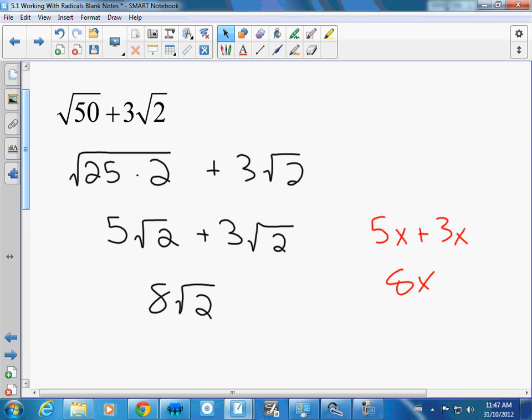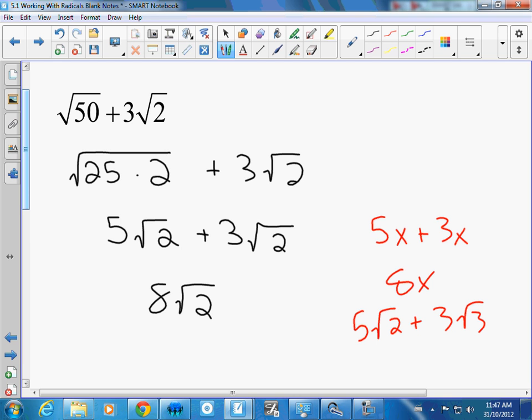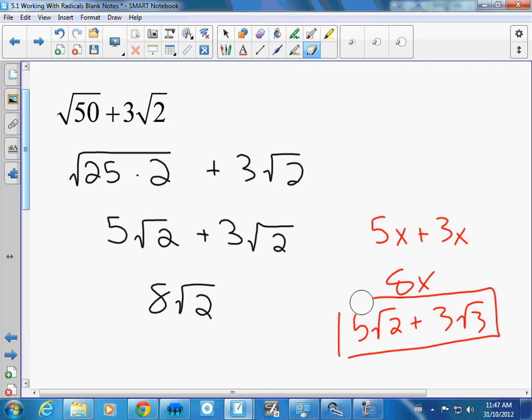They're not like radicals. So for instance, if it was 5 root of 2 plus 3 root of 3, can you combine those two? Guess what? That is the simplest form then. You can't do that, right? You can't go past that. That would be the simplest form in this case. Okay.